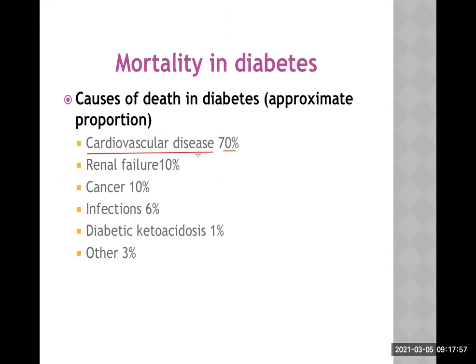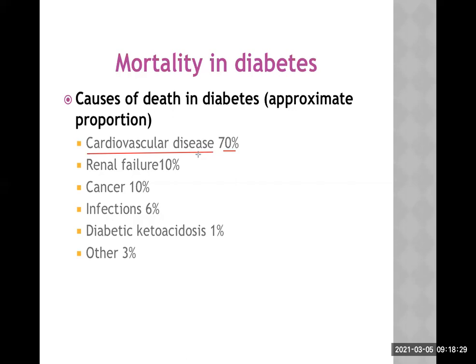And you all already know what is the reason behind it. Yes, what is the reason? Atherosclerosis. Macrovascular complication. Very good. Atherosclerosis and microvascular complication, which is causing coronary artery disease or ischemic heart disease. It is developing atheroma in the coronary artery, and that is blocking the blood flow to the heart, leading to myocardial infarction.